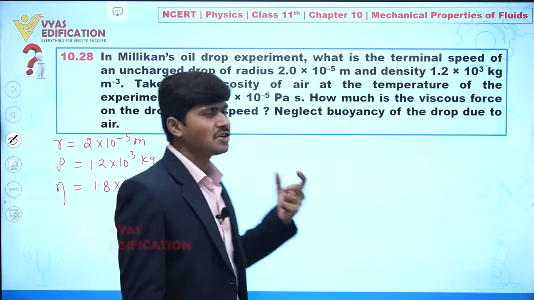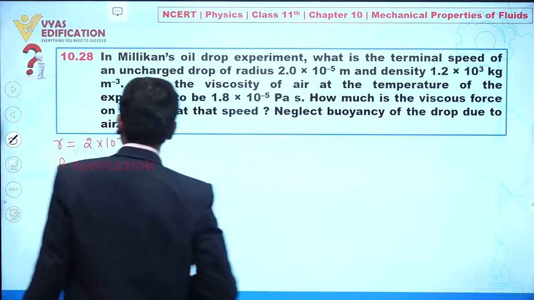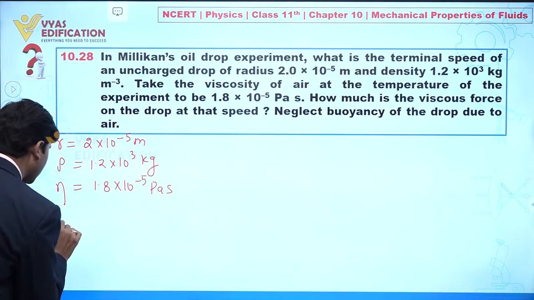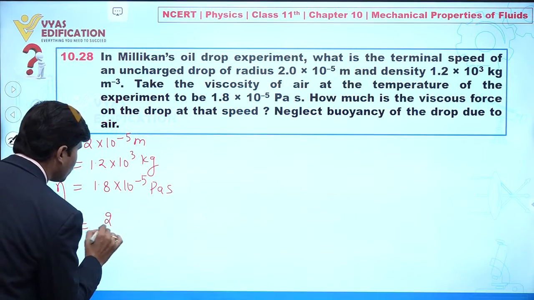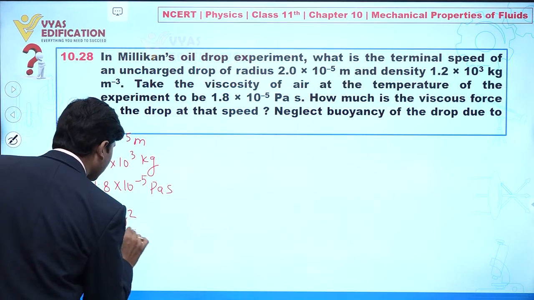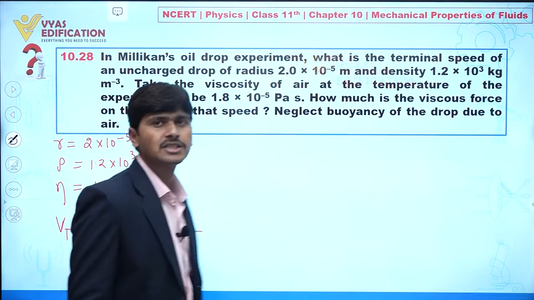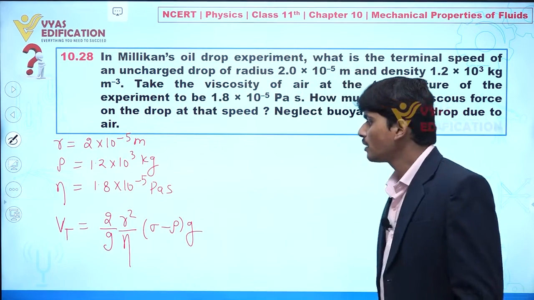Now our objective here is to first calculate the terminal velocity, the terminal speed. We know the formula of terminal speed: 2 by 9, r square divided by eta, into sigma minus rho multiplied with g. This is the formula related to terminal velocity.